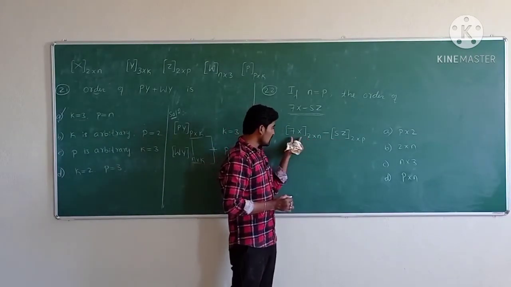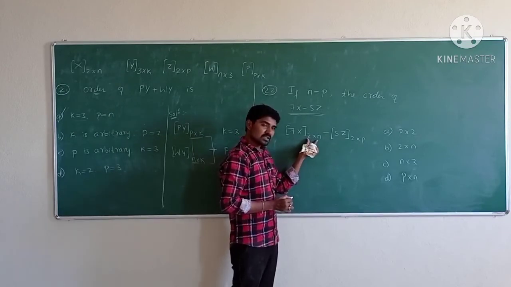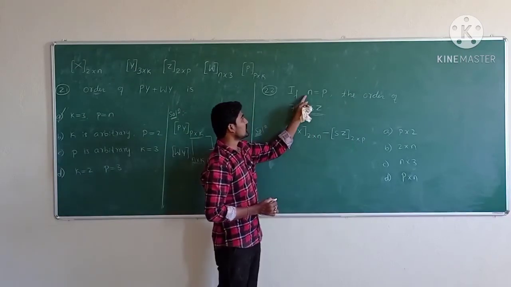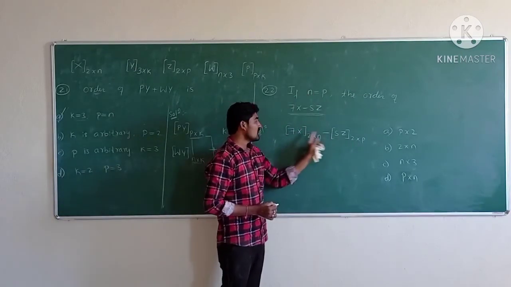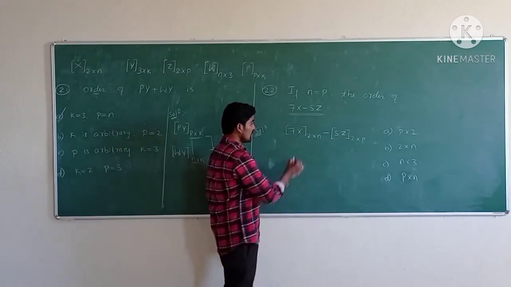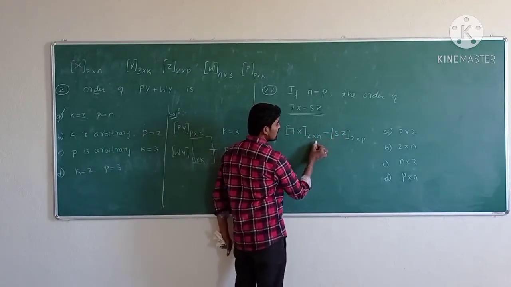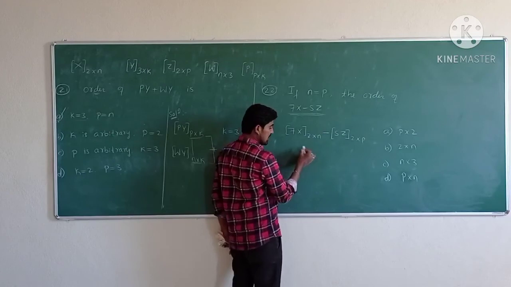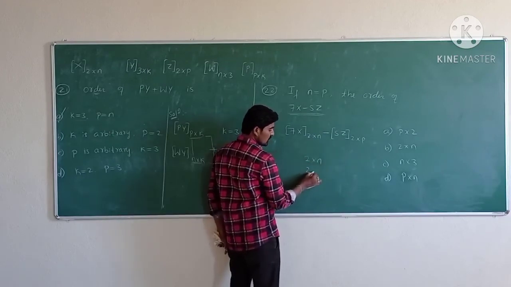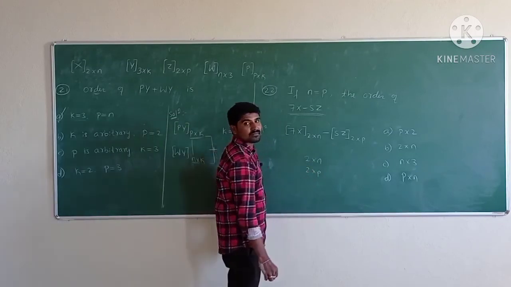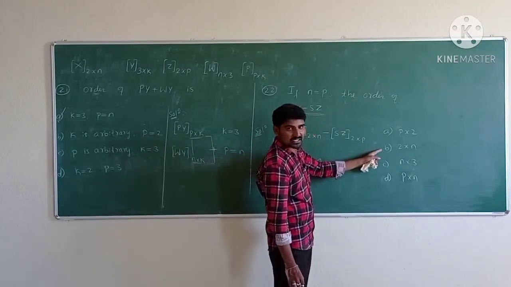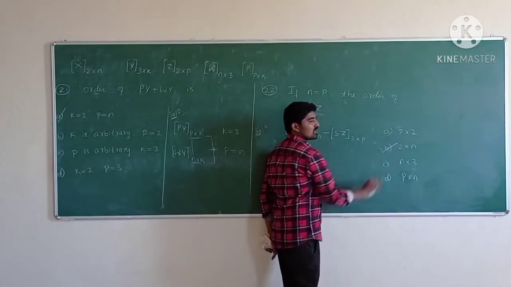So here the order of the 7X matrix is 2 cross n and the order of the 5Z matrix is 2 cross p, and it is given that n is equal to p. It means the orders of both matrices are the same. Therefore the order of 7X minus 5Z is 2 cross n or 2 cross p.